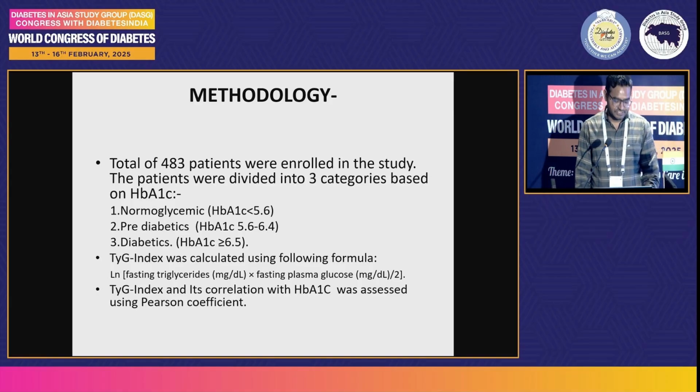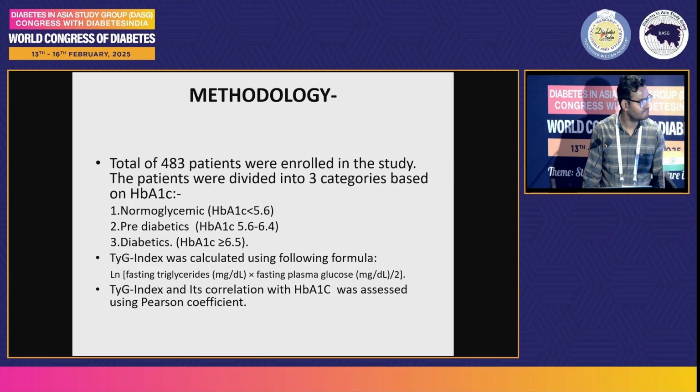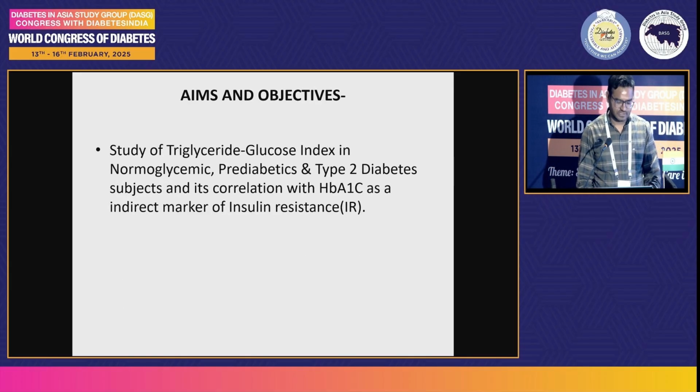Methodology. In this study, are both the same or something else? Ma'am, it is not the same. For any study, there is always one aim, and objectives are so many. So what is the aim of this study?